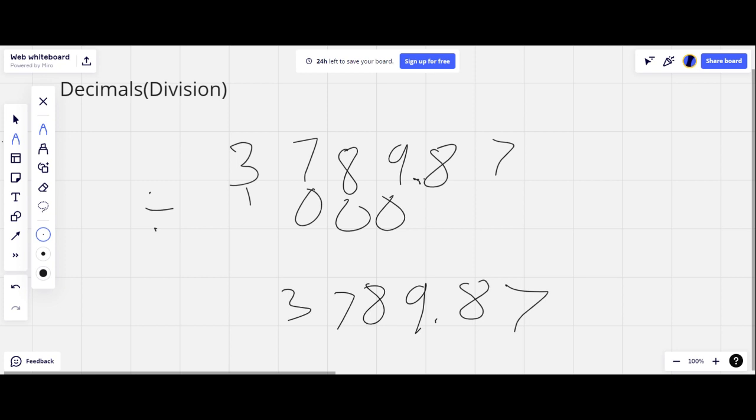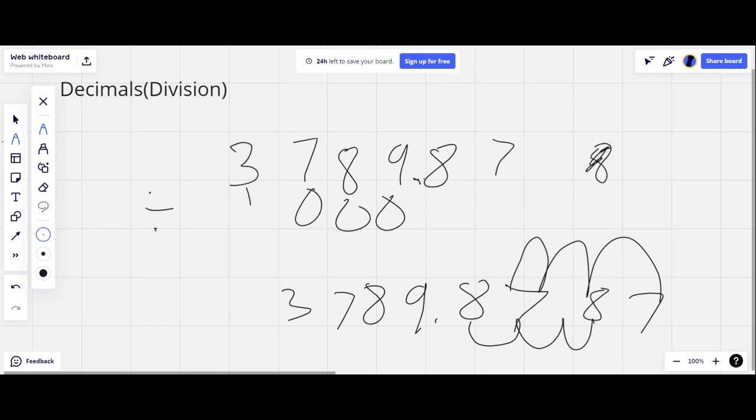So let's jump to the right. As 1,000 has 3 zeros, and the number of zeros equals the number of jumps, 3 zeros equals 3 jumps. So 1, 2, 3, 7. 1, 2, 3, 8. 1, 2, 3, 9.